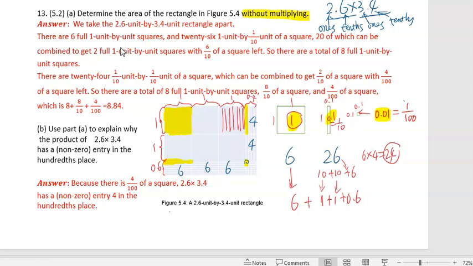Now finally, those tiny squares, we have 24 of them. And notice 10 of the tiny squares can make this skinny rectangle, because if you look at the skinny rectangle and you divide it into 10 equal parts, each of them is going to be a tiny square. So out of these 24, 10 of them can make a 0.1. That's the area of the skinny rectangle. Another 10 of them can make another 0.1.